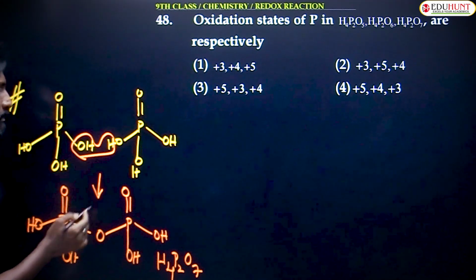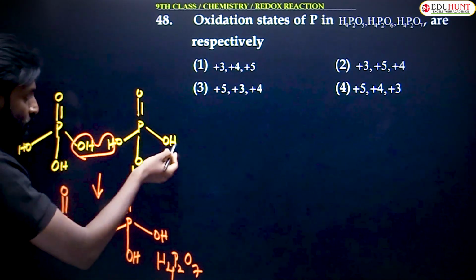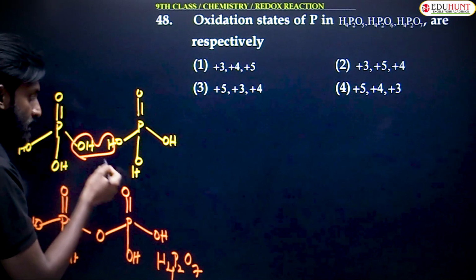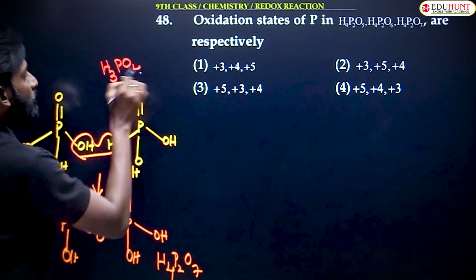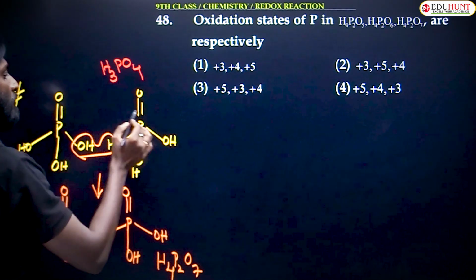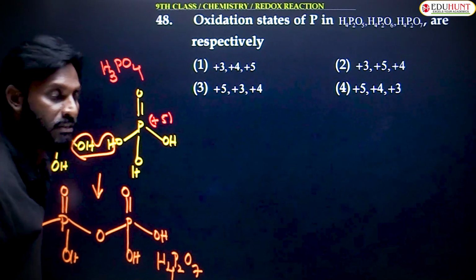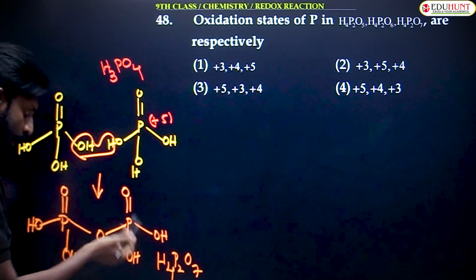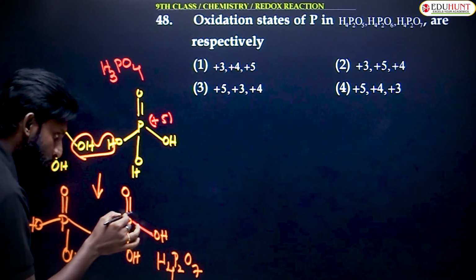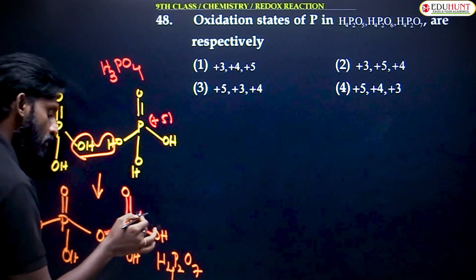So obviously, the phosphoric acid, orthophosphoric acid, H3PO4. In H3PO4, phosphorus is in plus 5 state, its maximum oxidation state: plus 1, plus 2, plus 3, plus 4, plus 5, so plus 5.